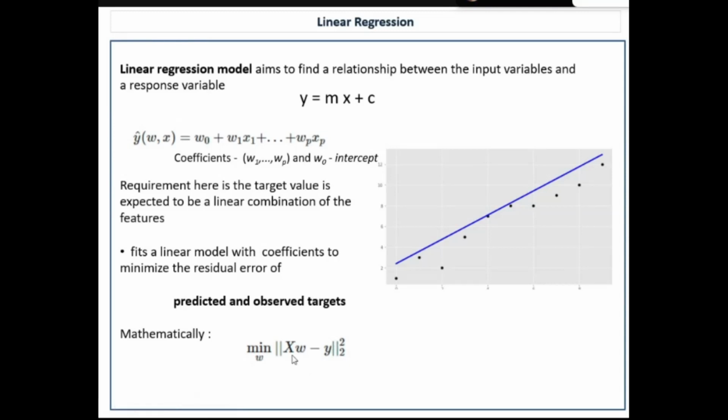When the minimum of this happens, at that particular point, the line equation is selected to be the most appropriate for the classification.